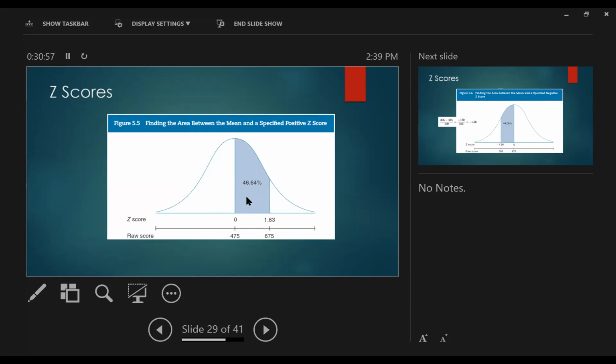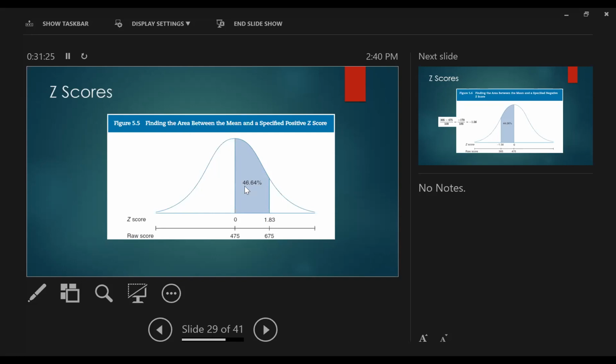Now, if I'm getting that score on writing and I want to know what that means, is my score better than X number than the mean? What I could do is also add this section, which we said is worth how much? 50%. This is 50% of the population below the mean. So if I do 50% plus 46.64, that brings me to 96.64.